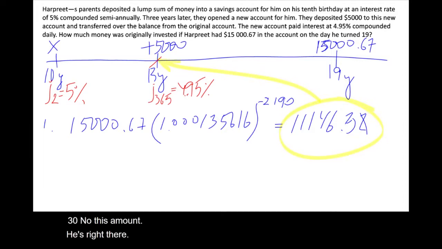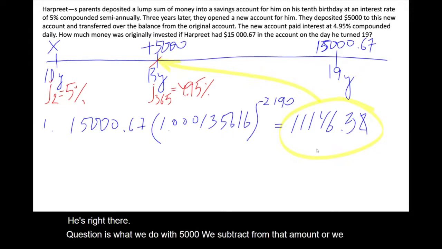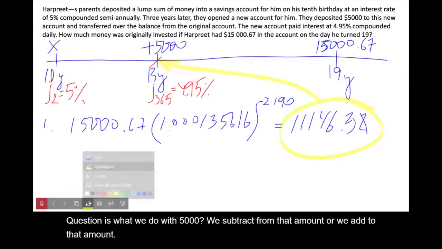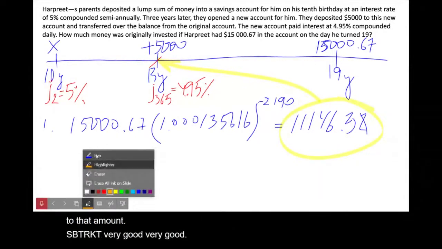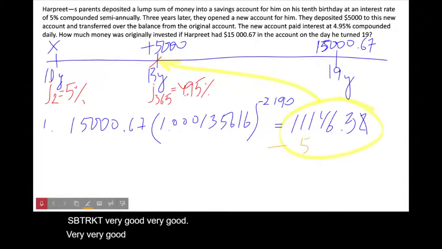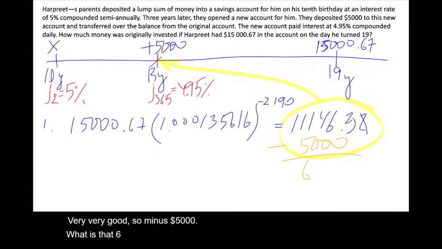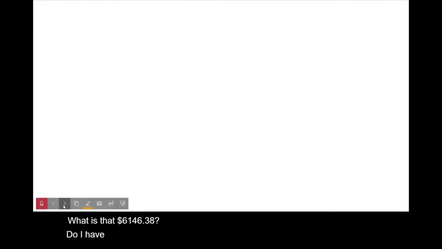The question is, what do we do with the 5,000? Do we subtract it from that amount or add it to that amount? Subtract. Very good. So minus $5,000. What is that? $6,146.38.